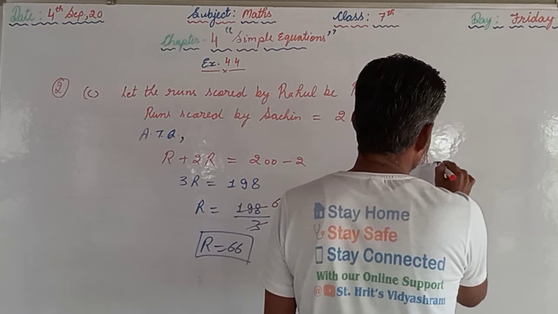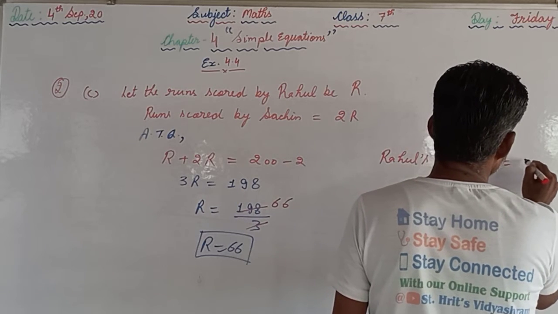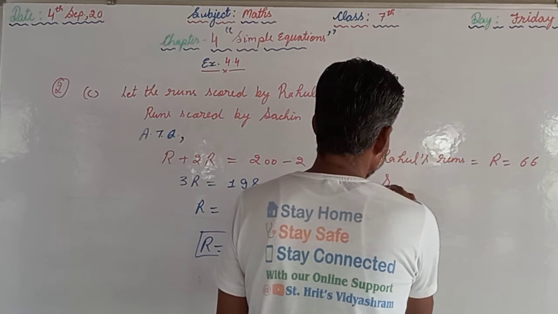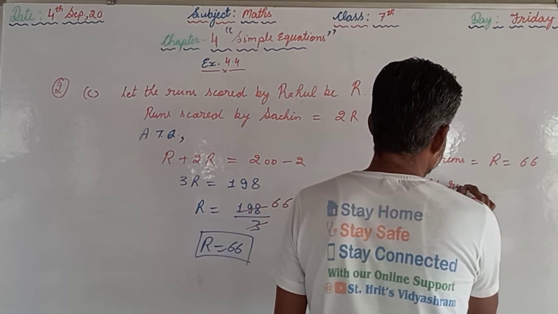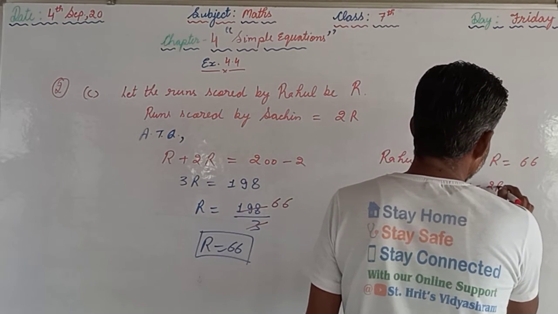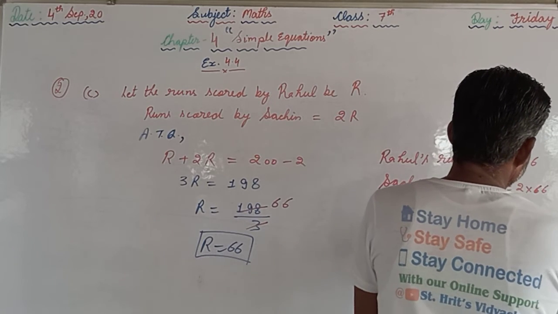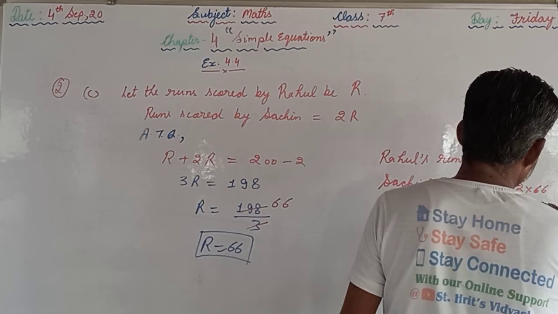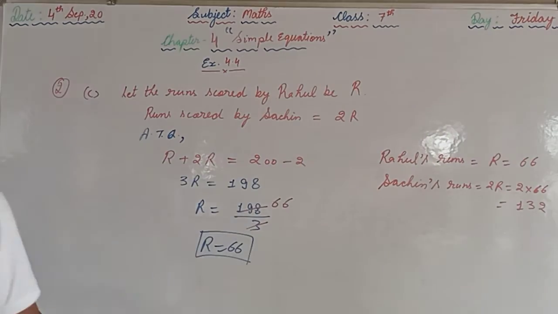Rahul's runs, that is R, are 66, and Sachin's runs, 2R, is equal to 2 into 66, that is 132. If we add both, we get 198, which is 2 short of a double century.